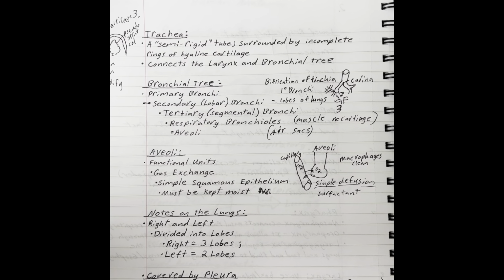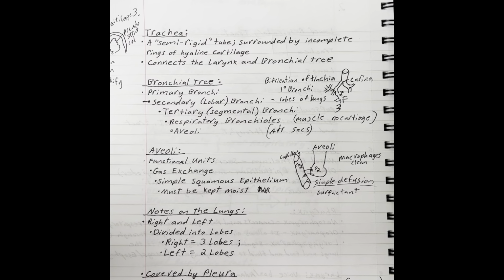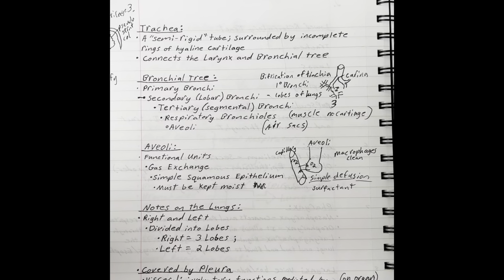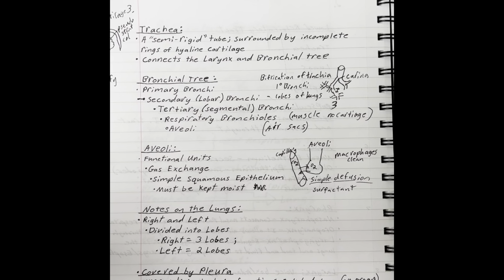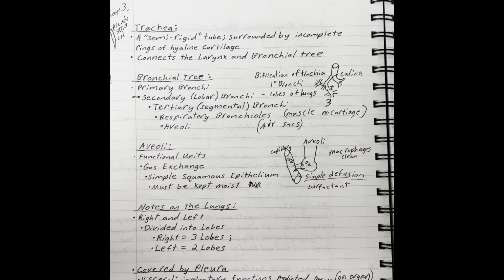Bronchial tree: primary bronchi, secondary lobar bronchi, tertiary segmental bronchi, respiratory bronchioles, alveoli, air sacs. Respiratory bronchioles have muscle, no cartilage.